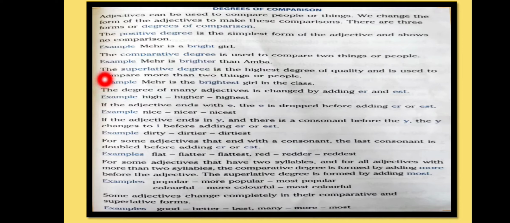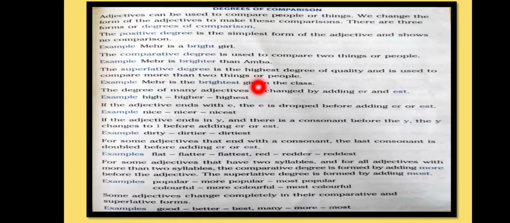And the form of adjective is brighter. We added er to the word bright, so it became brighter. So this is comparative form.